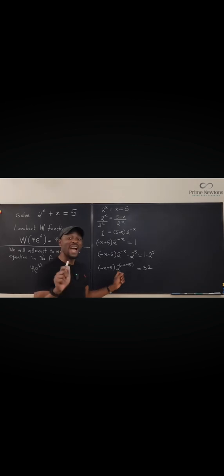At this point, we have a perfect recipe for the Lambert W function. Unfortunately, the W function only takes e. It does not take 2. So we have to rewrite this 2 in terms of e.